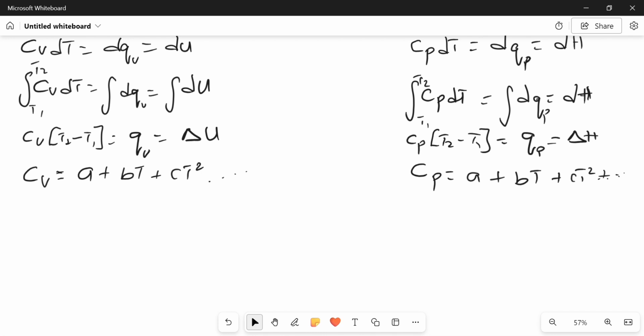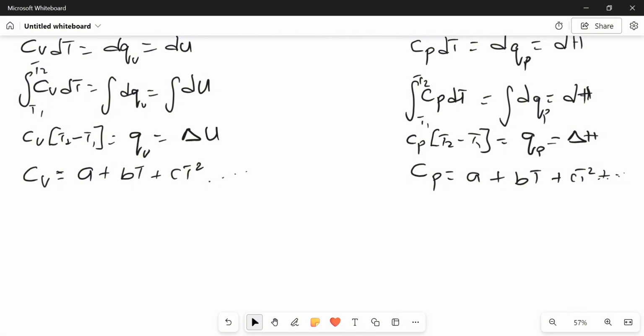We can actually have DT cube and so on and so forth. Now take note that A, B and C are constants of the substance in view. That means A, B and C vary with the nature of the substance. Do you understand? So take note.